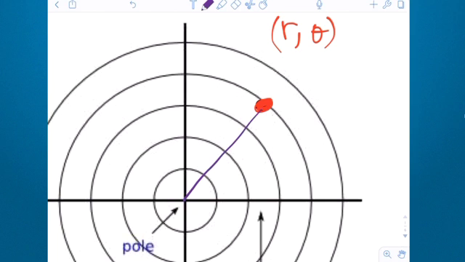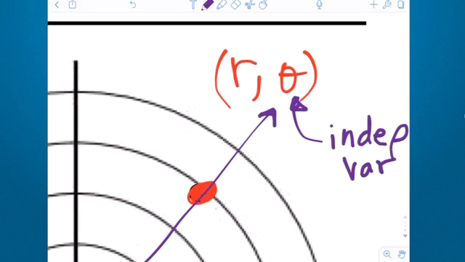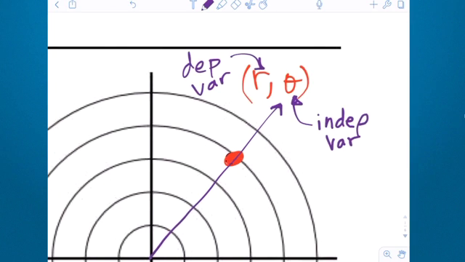We actually find the angle first, even though it's listed second. And that's one of the things we're going to have to get used to. Theta is actually your independent variable. So that's different, right? Because in rectangular form, x comma y, the independent variable is x. It's listed first. R is going to end up being your dependent variable. It's listed first. So it's a little bit backwards.